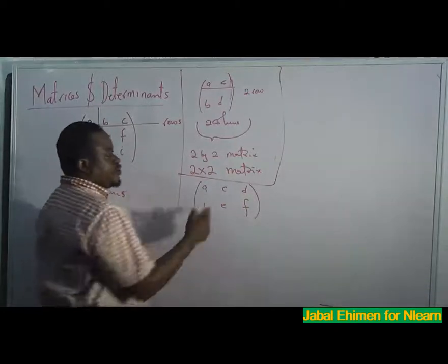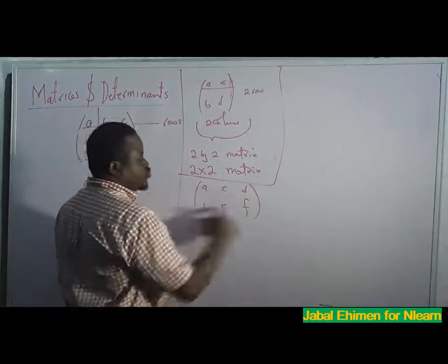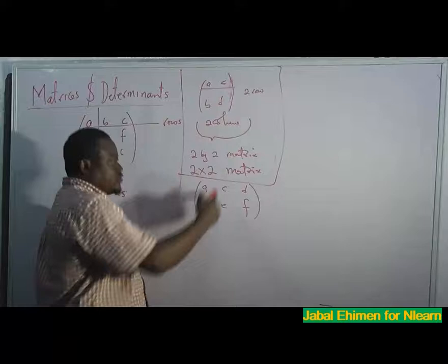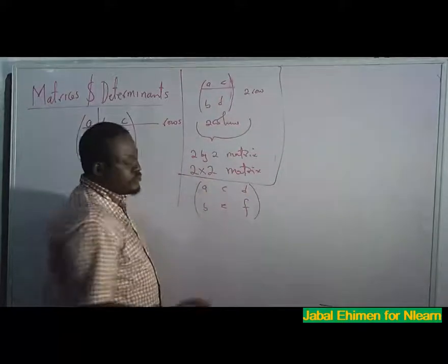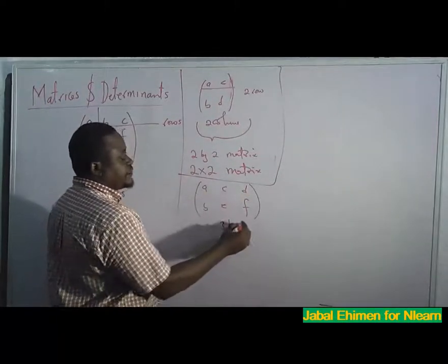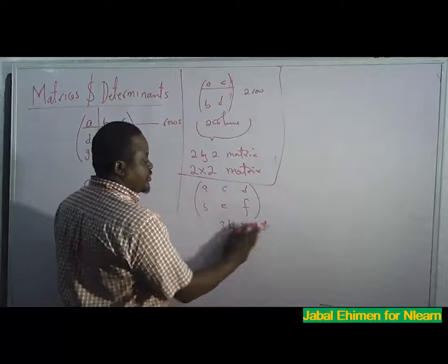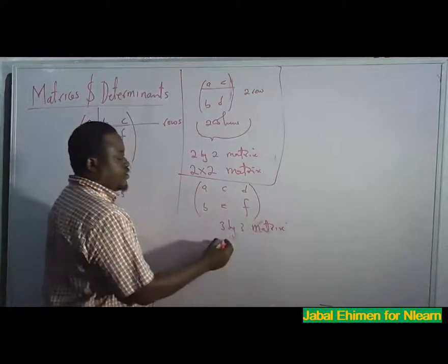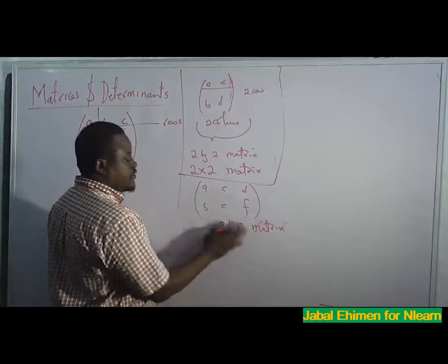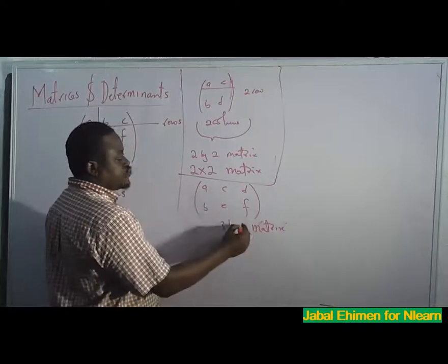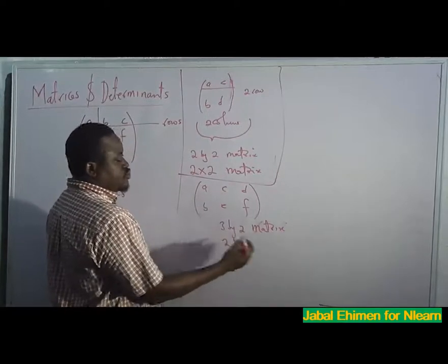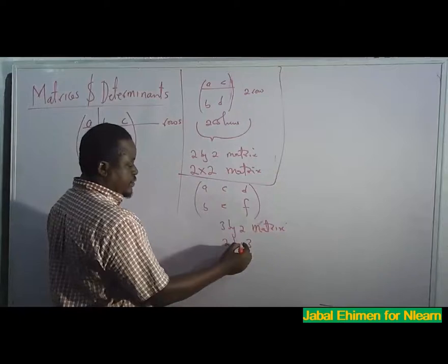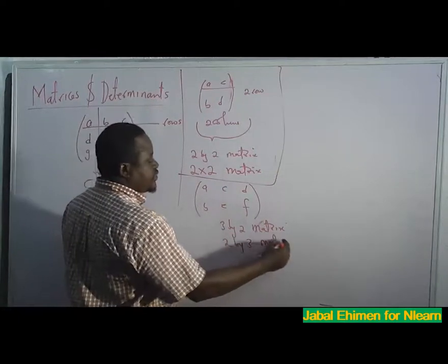But what about a situation where you have another one that is maybe A, B, C, D, E, F? This time you have how many rows? 1, 2. And you have how many columns? 1, 2, 3. So that gives you a 2 by 3 matrix, or you call it a 3 by 2 matrix.